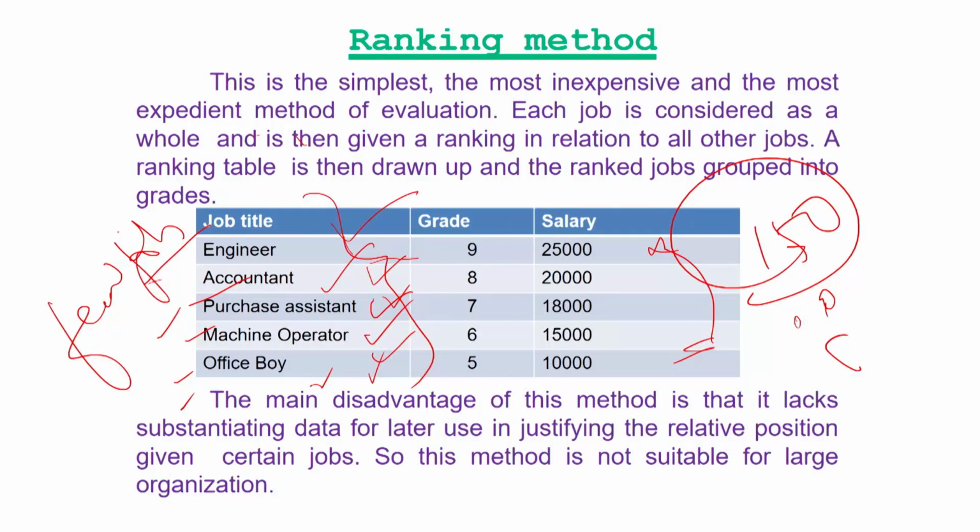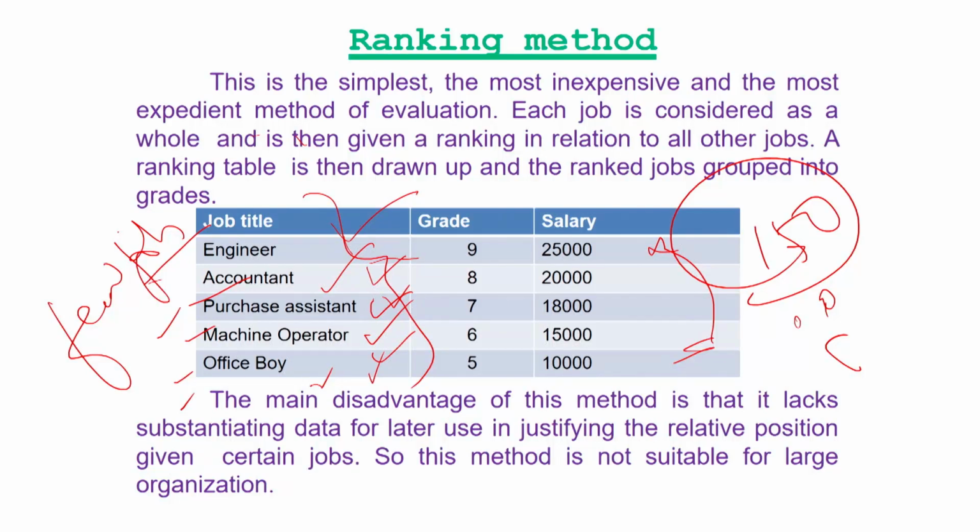As I told you, it is basically used in small organizations. One of the biggest disadvantages associated with this kind of method is that it is very difficult to administer as the number of jobs increases, or these ranks are basically subjective. There is no objectivity involved in giving this rank.